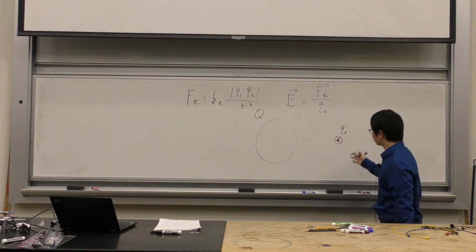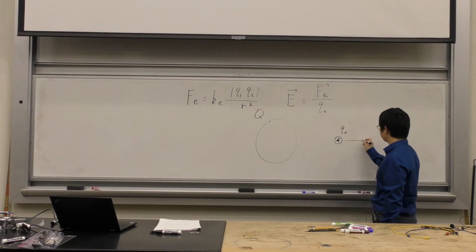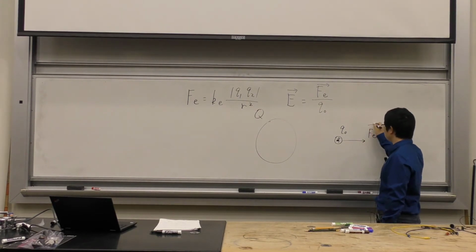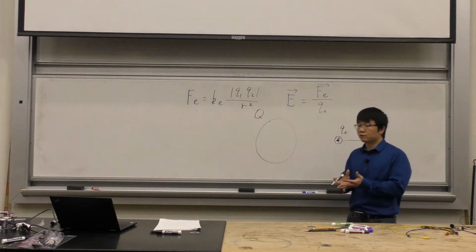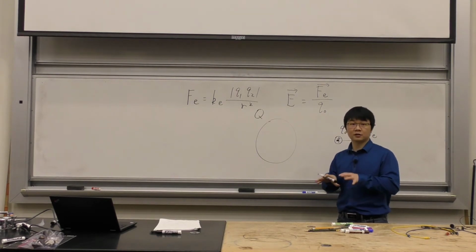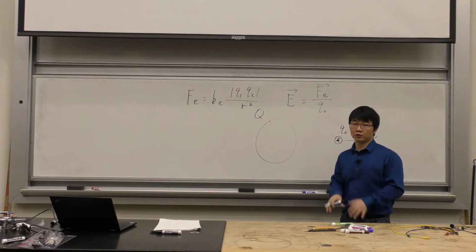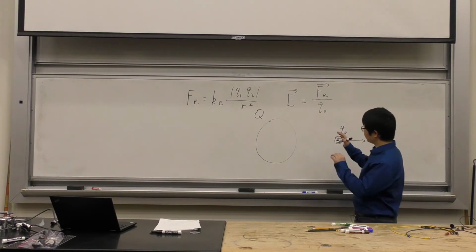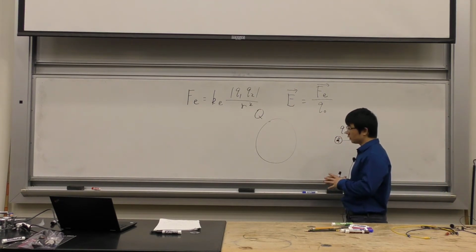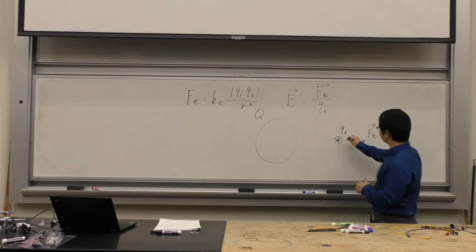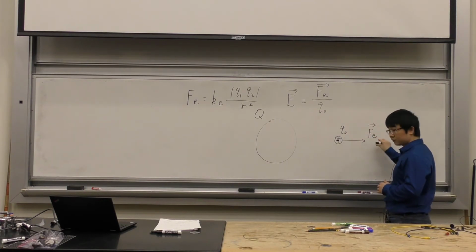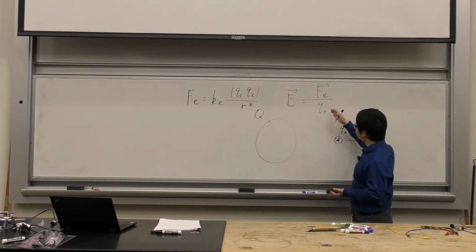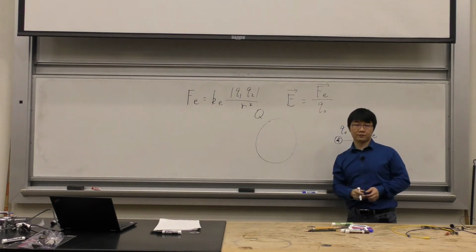He just feels the electric force in this direction. Then Q0 confirms there is an electric field in this region, because it can feel that force. What is the definition of the electric field? The definition all the physicists agreed on is this: you bring this Q0 here, you measure this force, and you divide the force by this Q0. That's our definition of the electric field.